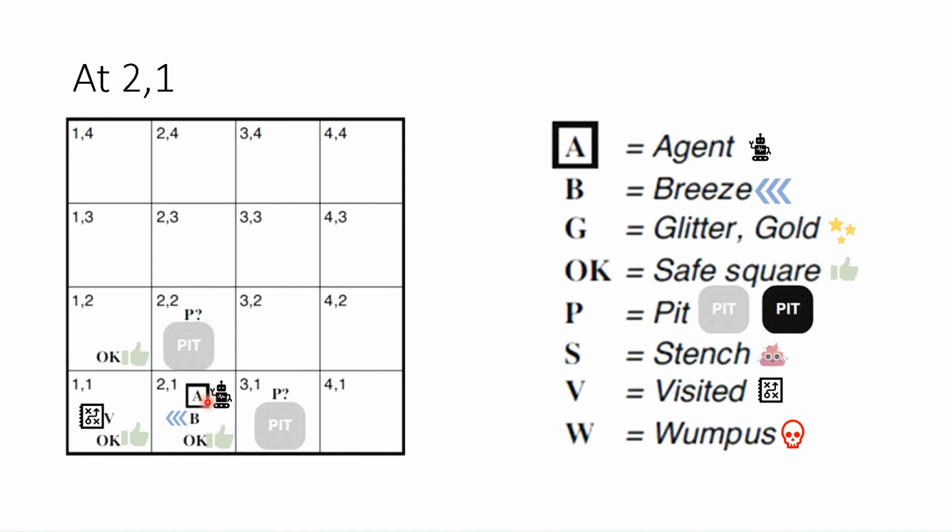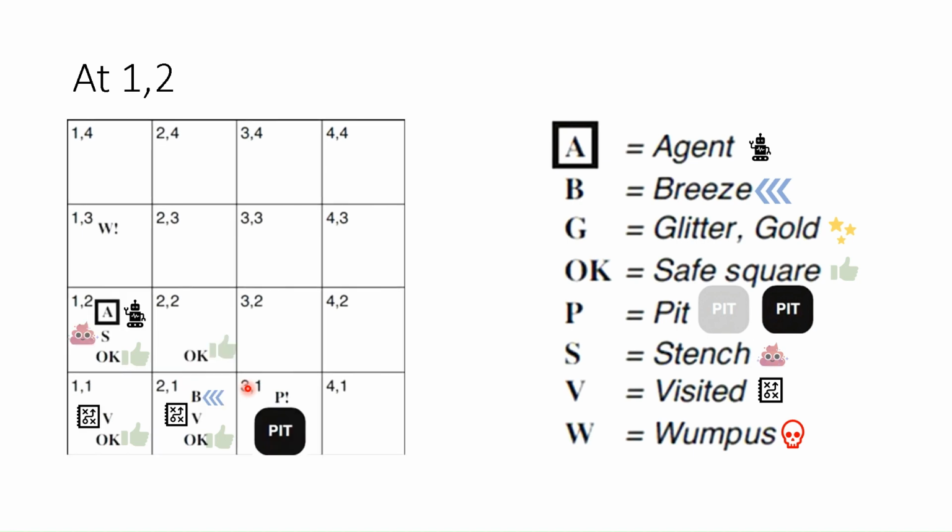So there could be a pit above, below, to the right, or to the left. Now we've already seen that it cannot be to the left because that's a restarted square. There's no pit there. It cannot be below it because that's out of the map. So that leaves only two places possible for the pit to be, namely above it and to the right of it. So 2 comma 2 and 3 comma 1 are the possibilities that there's a pit.